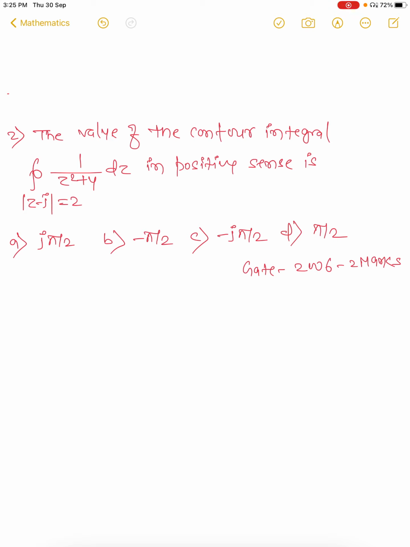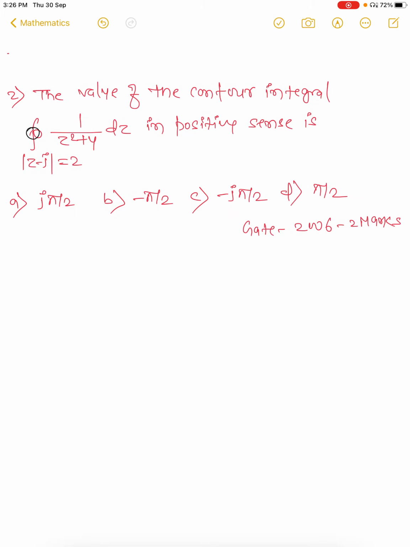Okay, now come to the next question. The value of the contour integral, closed integral of 1/(z² + 4) dz, in the positive sense over |z − j| = 2. Okay, solution.